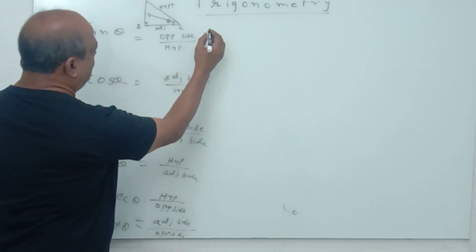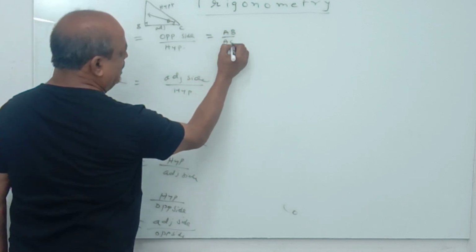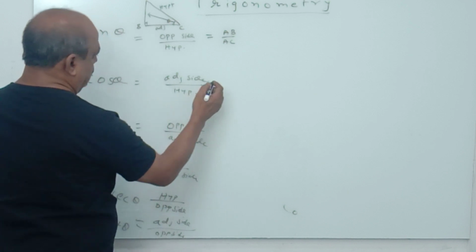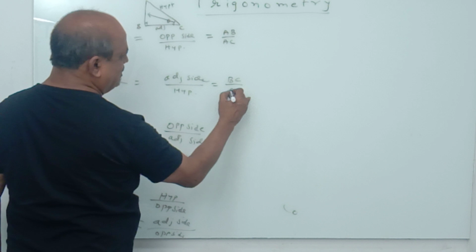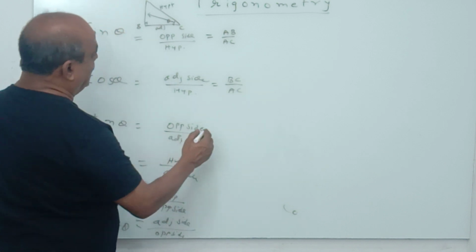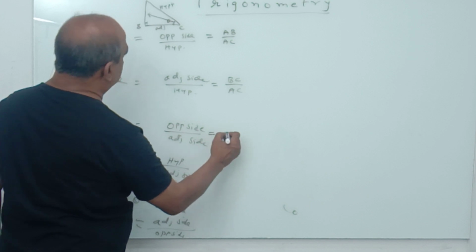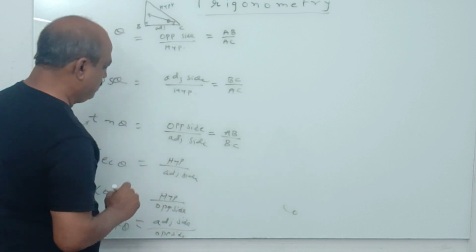So sin theta is AB upon AC. Cos theta is BC upon AC. Then opposite upon adjacent, tan theta, will be AB upon BC.